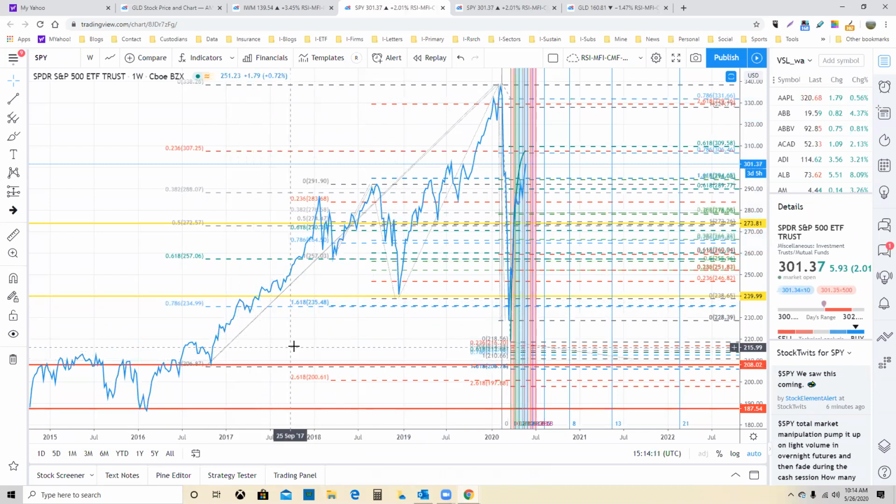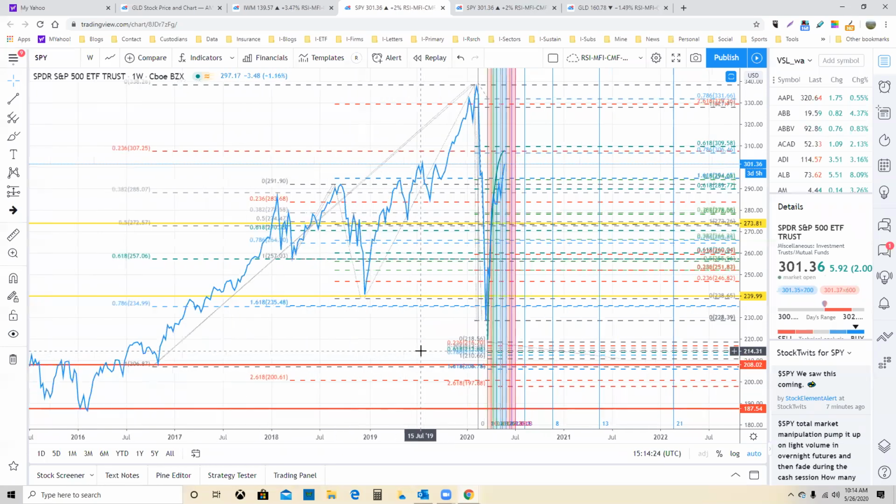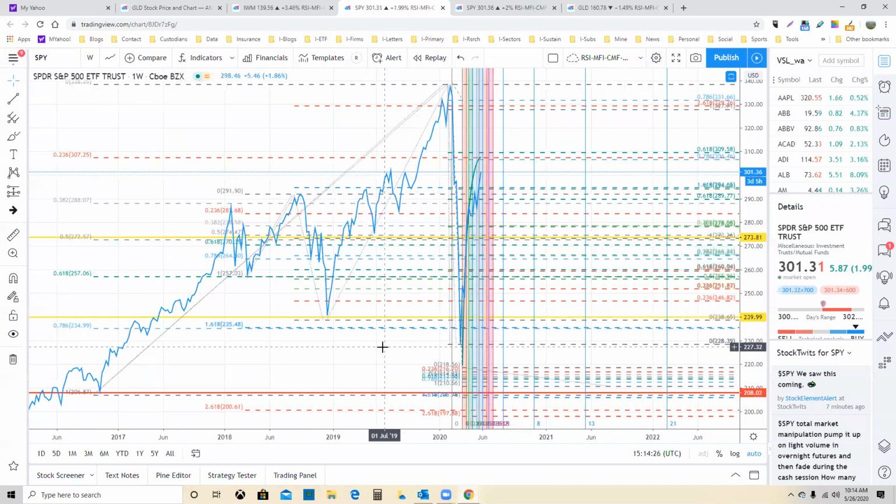Take a look where these corrections are going to. These are lines based off the election now, not the longer term time frame. So the relevant time durations seem to be consistent with measuring from the election, not the absolute low earlier that year.